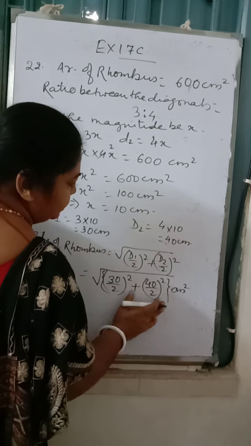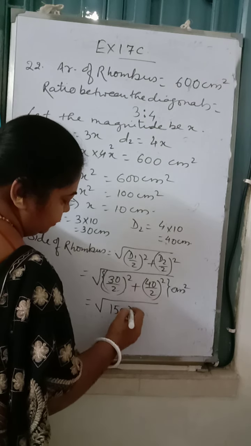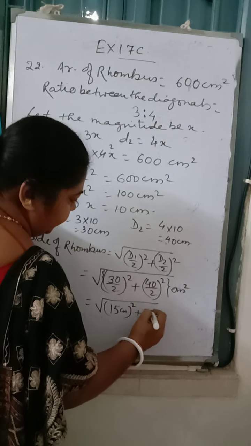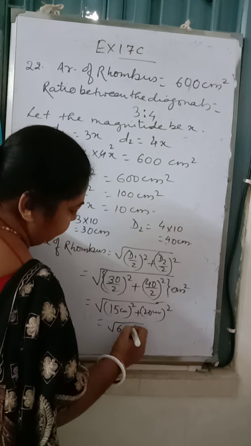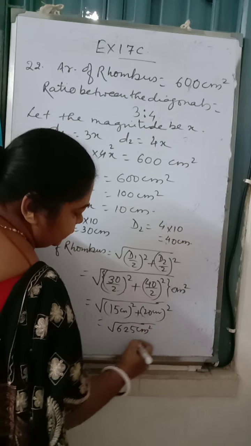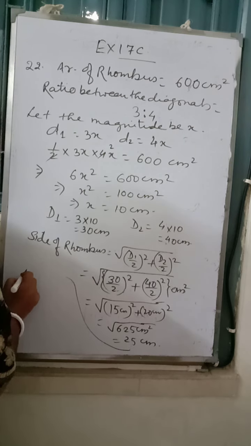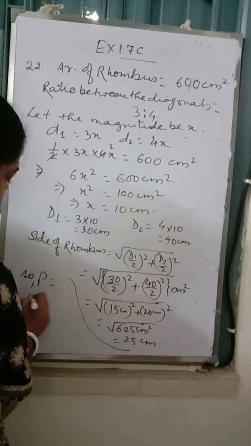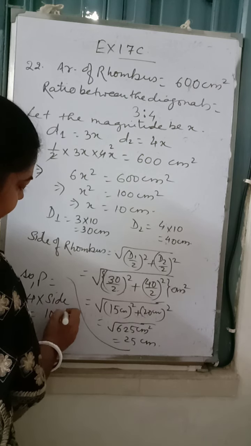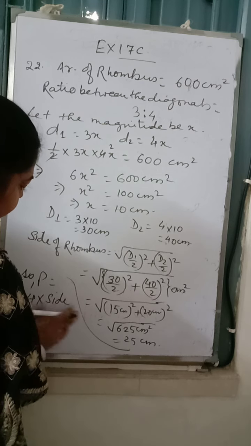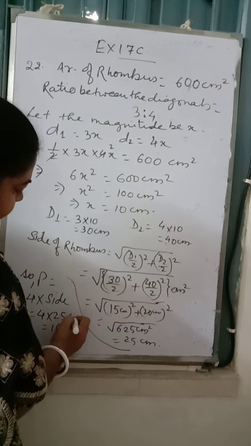Or it gives you 15 centimeter whole square plus 20 centimeter whole square, or 625 centimeter square, or 25 centimeter. So the perimeter is equal to 4 into side. So 4 into 25 is equal to 100 centimeter.